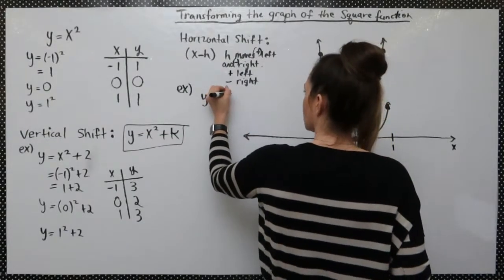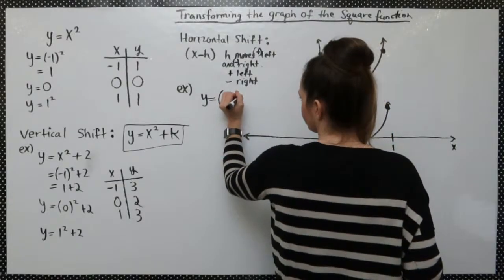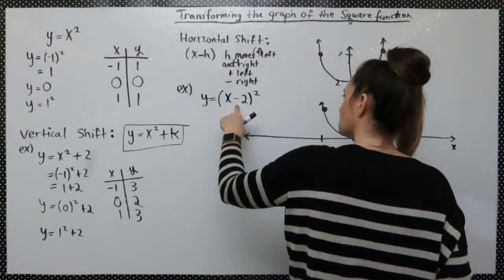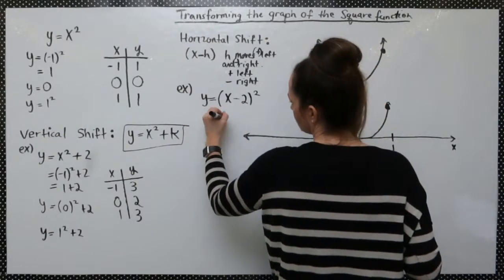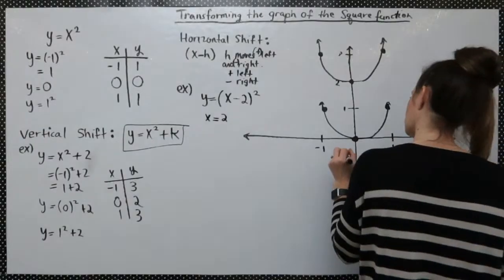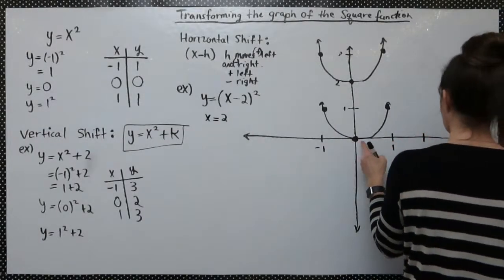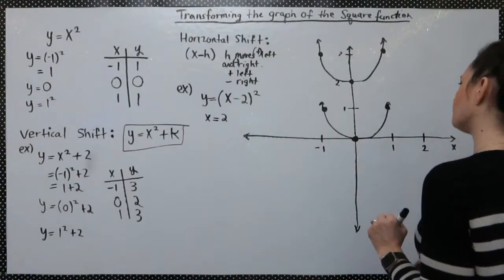So you'll say x minus 2 quantity squared. So x minus 2, you would actually shift it to positive units. So it's the same graph going over to positive.